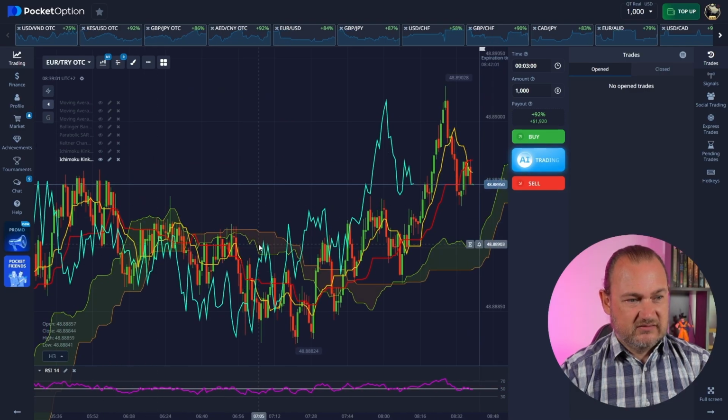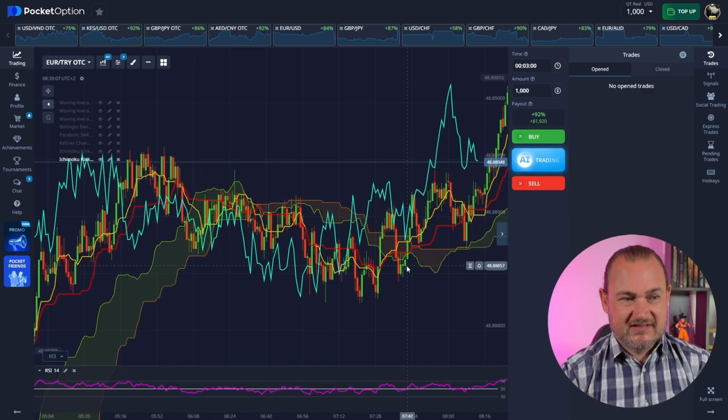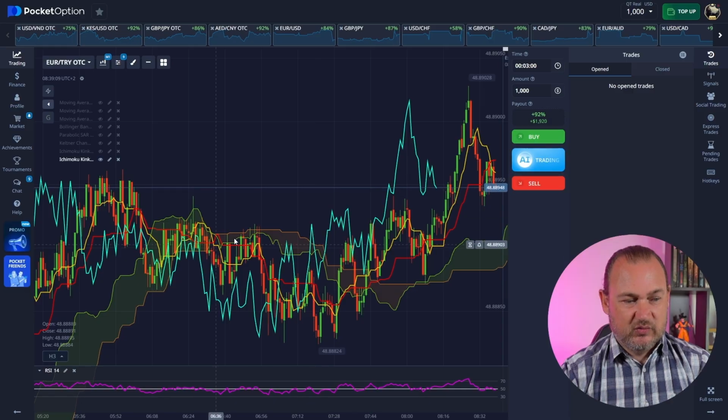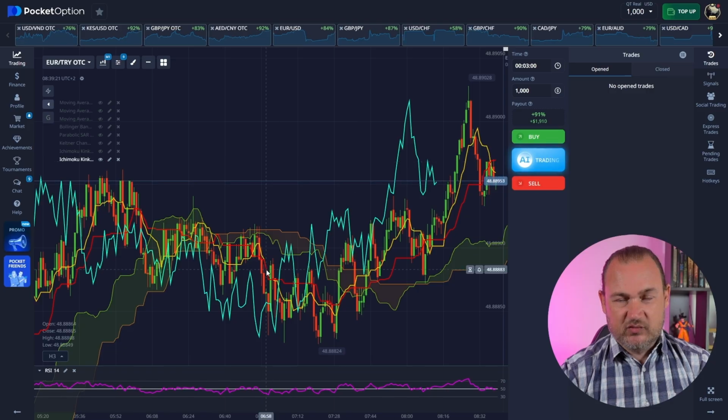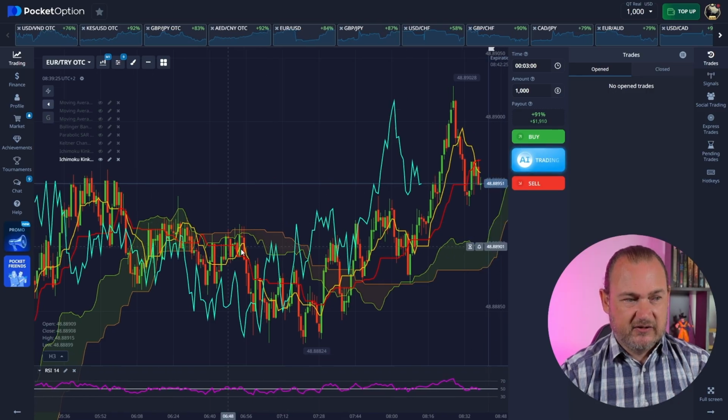Then it started kind of ranging, a lot of ups and downs, and we can see there were no real trading opportunities here. The RSI kept flirting with the 50 line, making the occasional spike, but always returning almost immediately. This is price action that will definitely be bad for this specific strategy.